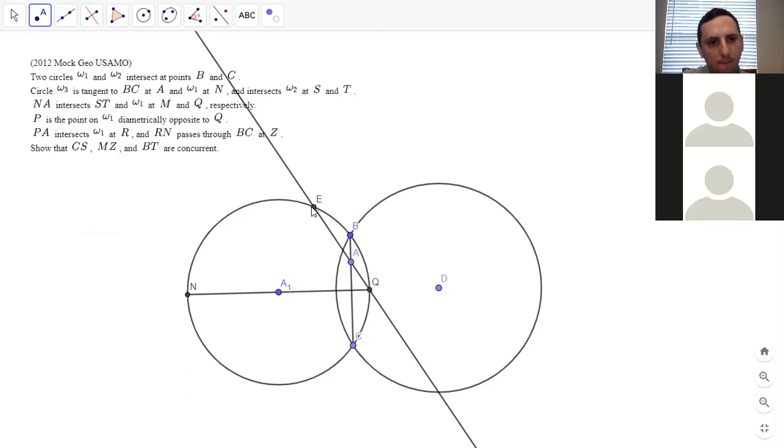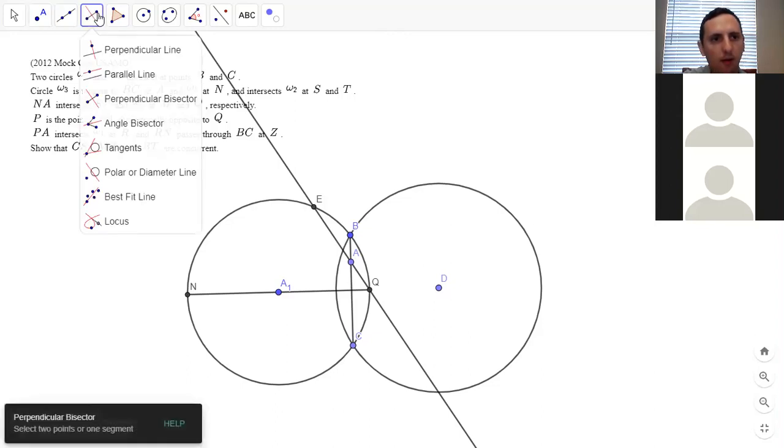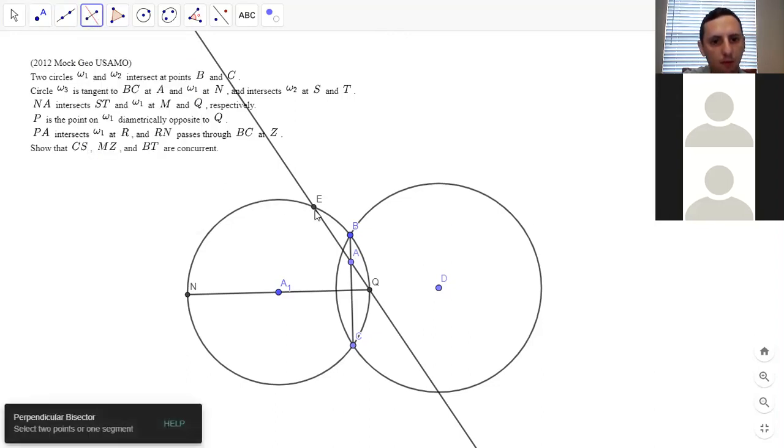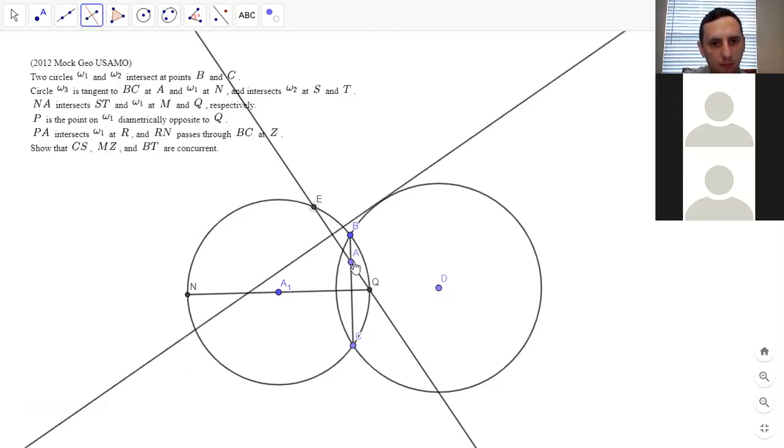Let the perpendicular bisector of EA cut A1. Yeah, okay, that will be the center of the circle.